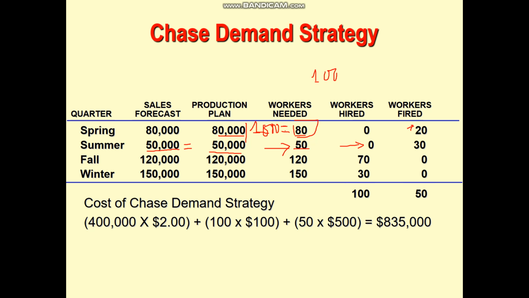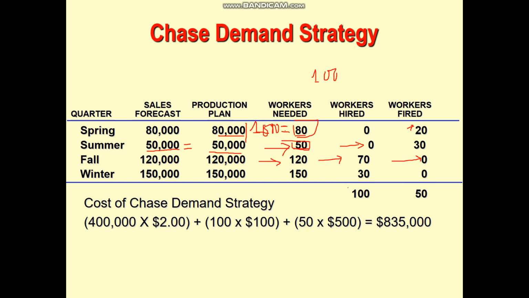Okay, and in the third period we produce 120,000 products, the same as the sale forecast. It means we need 120 workers. However, we only have 50 workers now, so we need to hire 70 more workers and we don't need to fire anyone. Okay, so on and so forth. You can calculate for the whole 4 periods.